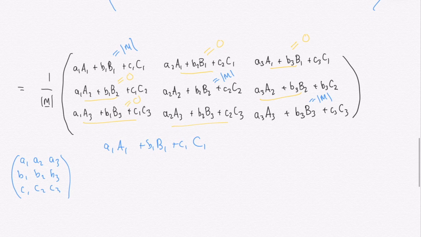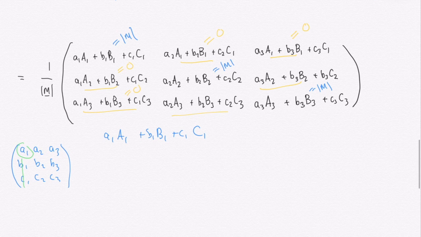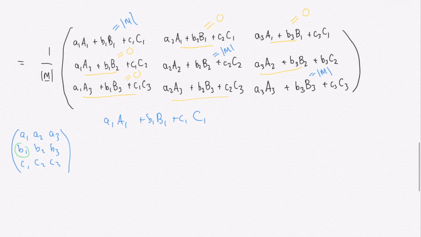And what have we got here? Well, we have a1 multiplied by the cofactor A1, which is the determinant of these remaining elements here. Then we have b1 multiplied by the determinant of these remaining elements here, but remembering this comes with a negative sign because of our matrix of signs, and we are taking the cofactor here.